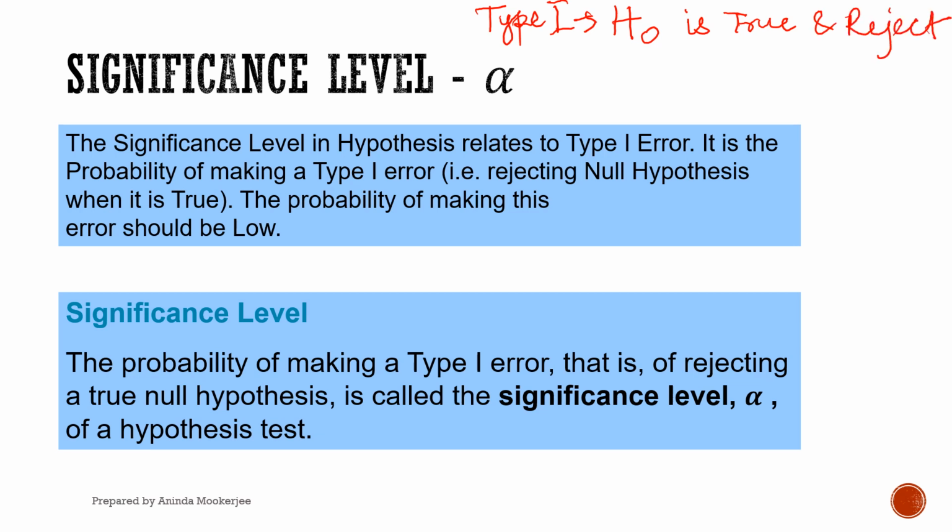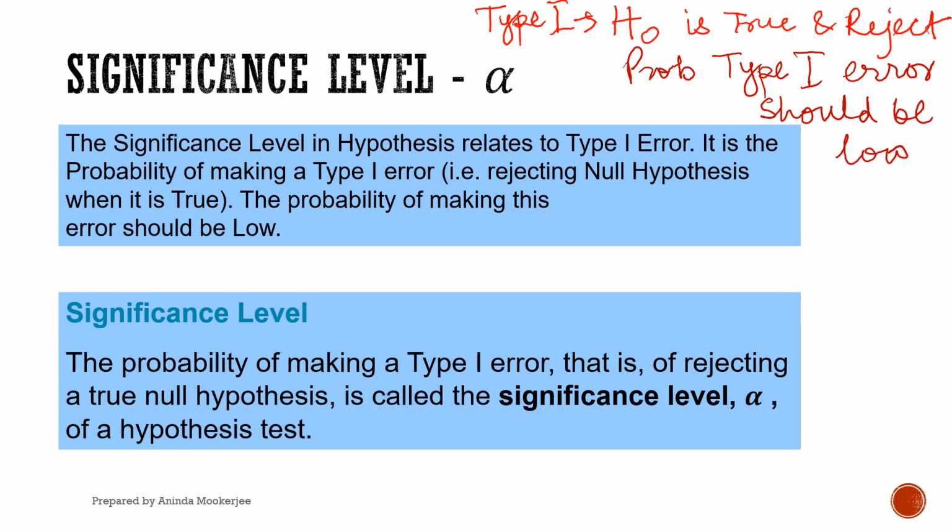So that's an error in our judgment, and we should always keep the probability of that error happening as low as we can. So the probability of a type 1 error should be kept low. We do not want to sentence an innocent person as guilty, correct? That's wrong. So that probability should be kept low.